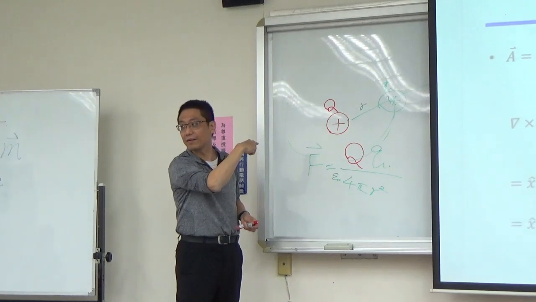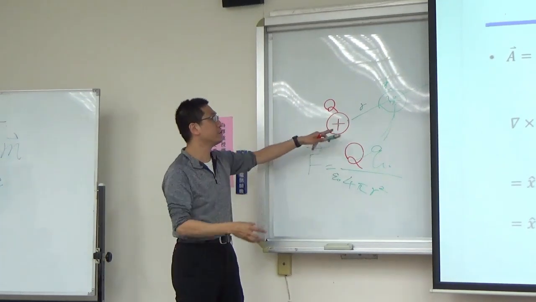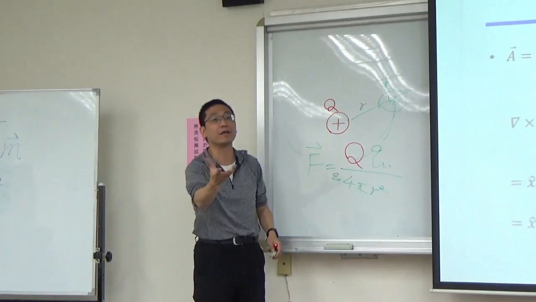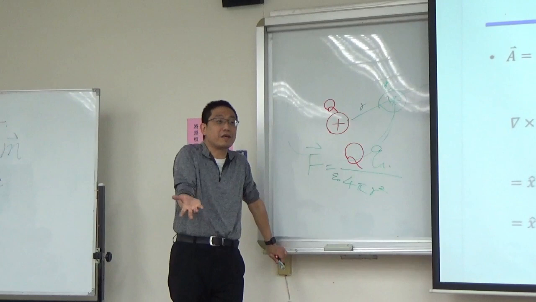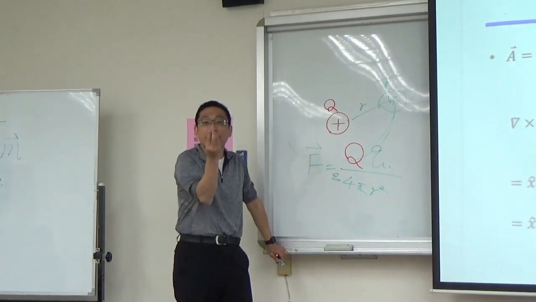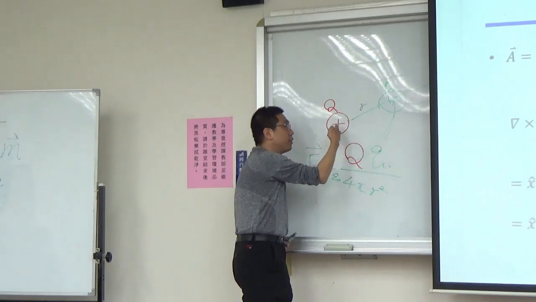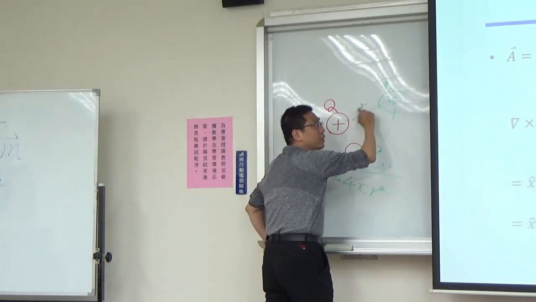This is the beginning of why people discovered there is an electrical force, because you cannot see anything about an electrical E field, right? You don't see anything, but you feel something there because of this charge. Then you will encounter the force.